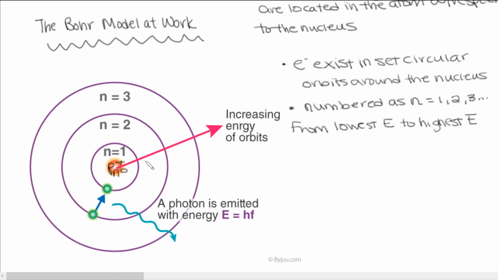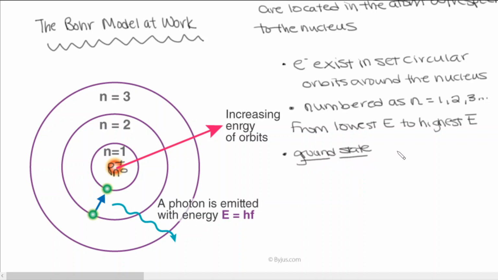So you can see here on this line, increasing energy of orbits. The electrons that are closest to the nucleus have the lowest amount of energy, and as they move away from the nucleus, they have higher amounts of energy. These lower energy levels, where the electrons are the most stable, are called ground state electrons.